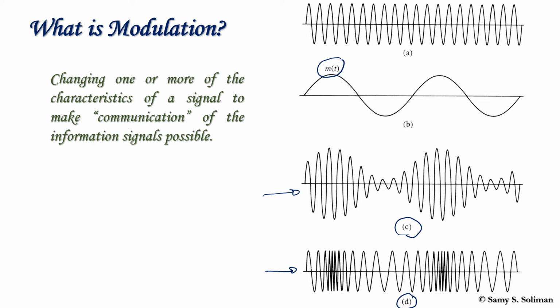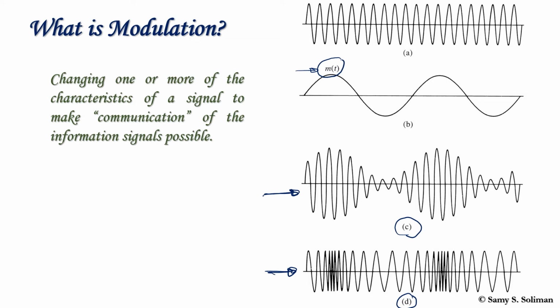And you can easily see that from the period of the signal or the rate of change of the signal m of t, which is a relatively low rate of change, which reflects a low frequency, compared to the higher rate of change in signals C and D here, the signals after being modulated.